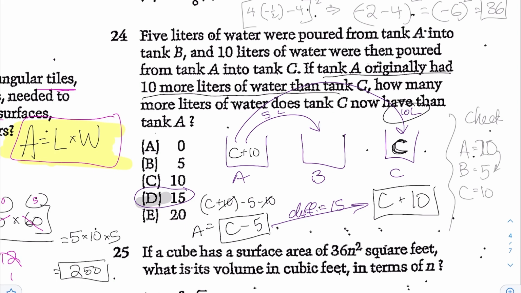Now B has 5. Instead of 20 liters, A now only has 15 liters. But then you pour another 10 to C. C will now have 20, whereas A will now have only 5. And the difference between 5 and 20 is choice D, 15.